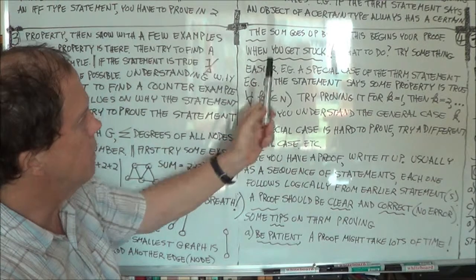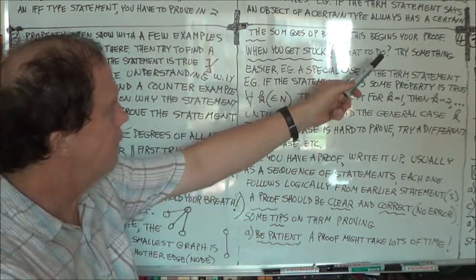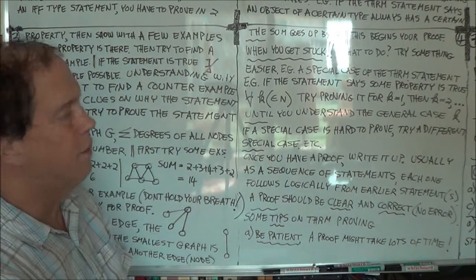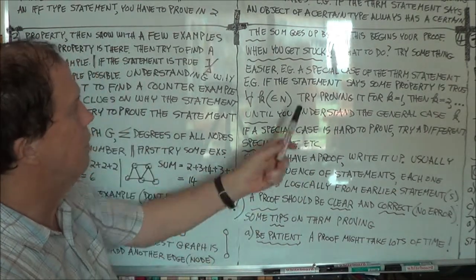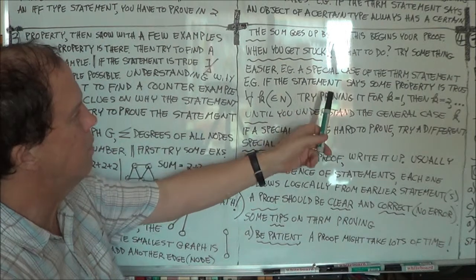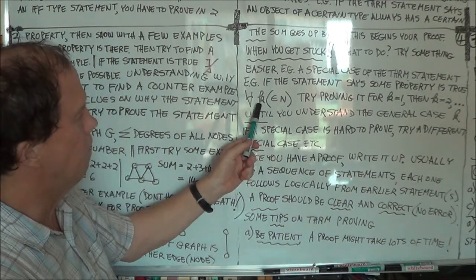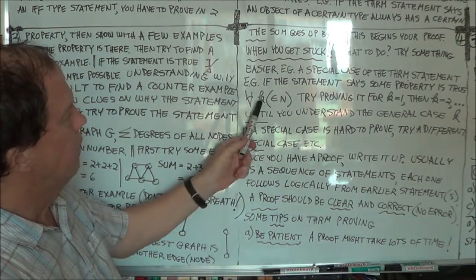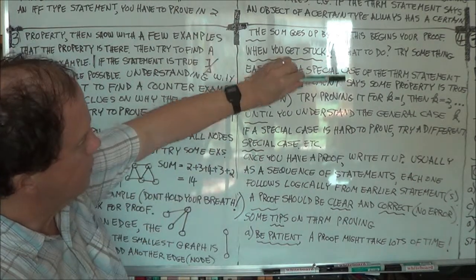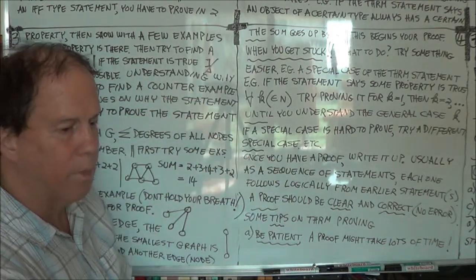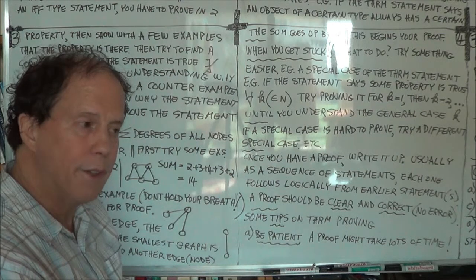All right, so what do you do when you get stuck? Well, one thing is try something easier, like a special case of a theorem statement. For example, say some theorem statement involves an integer k. What's being said here we'll actually use in a particular kind of proof.